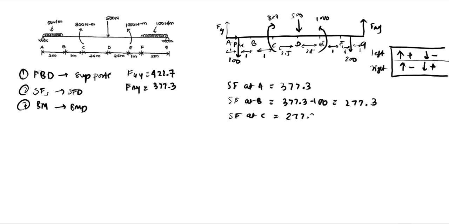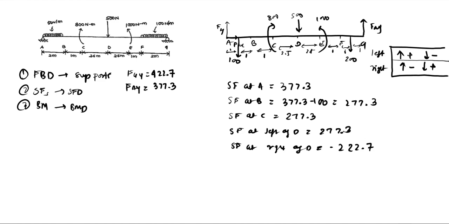So it will be 277.3 only. We have shear force at left of D as 277.3, and shear force at right of D as 277.3 minus 500. So it will be minus 222.7.